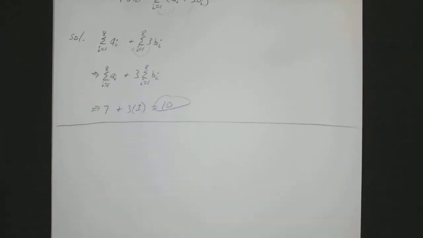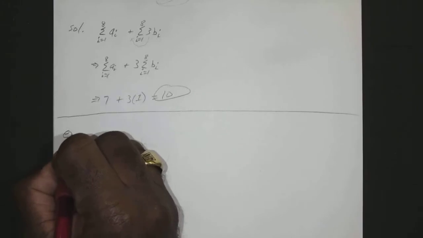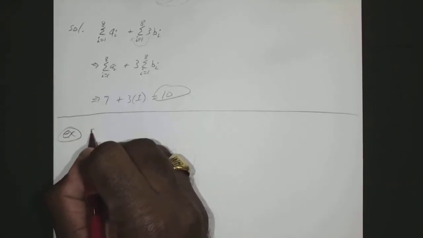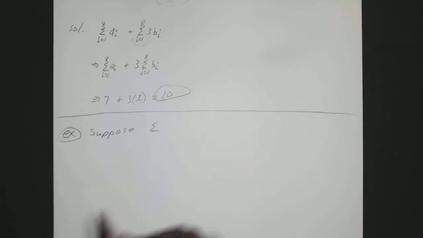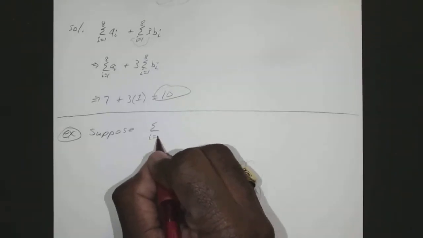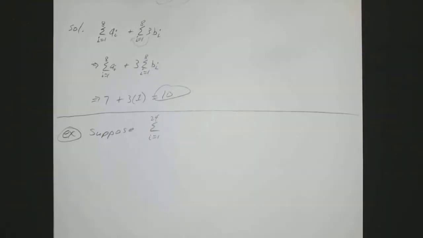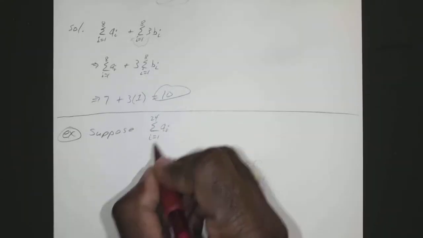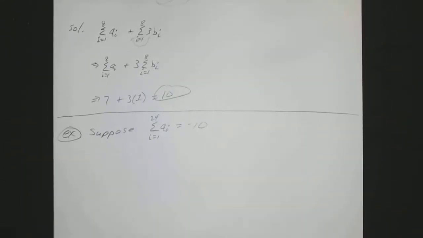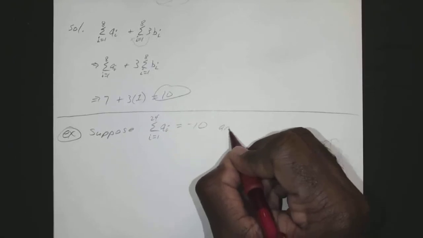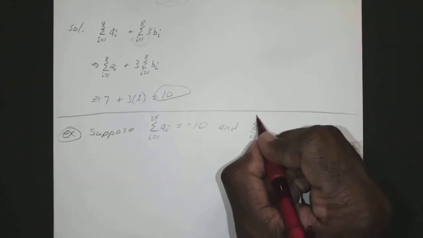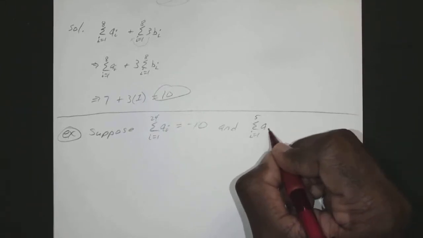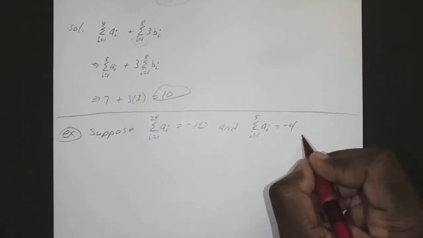All right, so let's say, for example, if we suppose that the sum from I equals 1 to 24 of a sub I is equal to negative 10. And the sum from I equals 1 to 5 of a sub I is equal to negative 4.